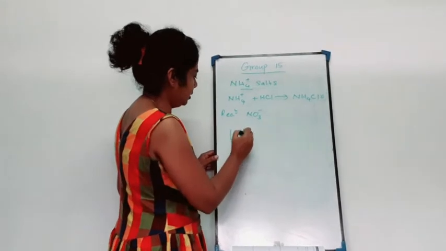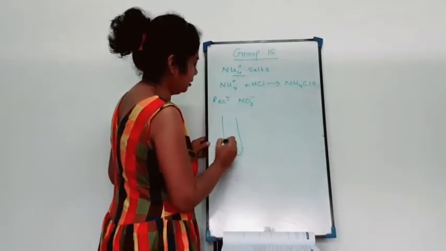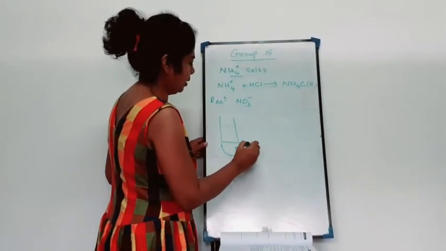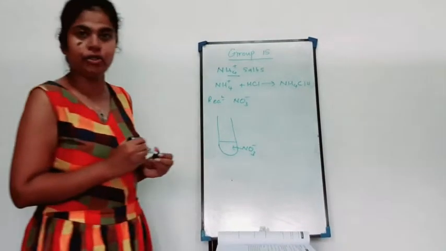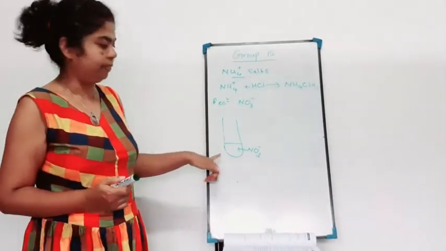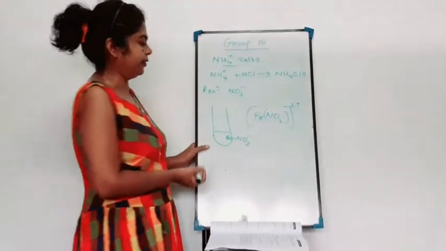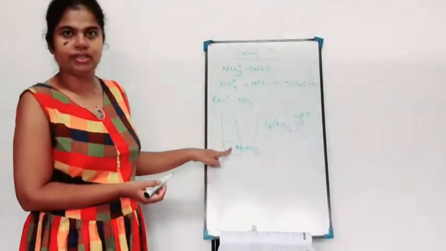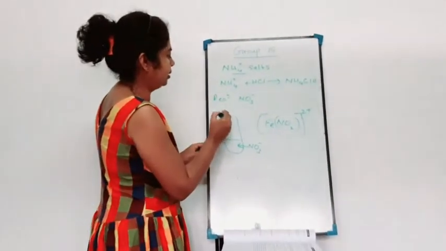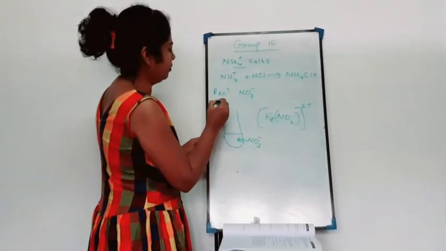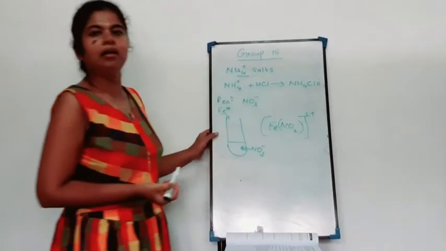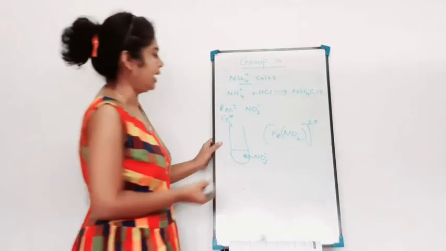We add the NO3 minus containing salt to the test tube, then add freshly prepared Fe2+ to this.